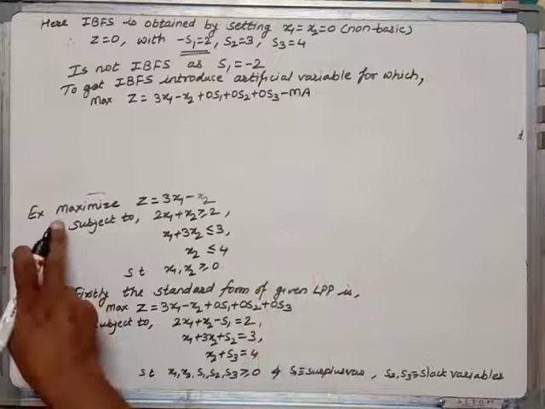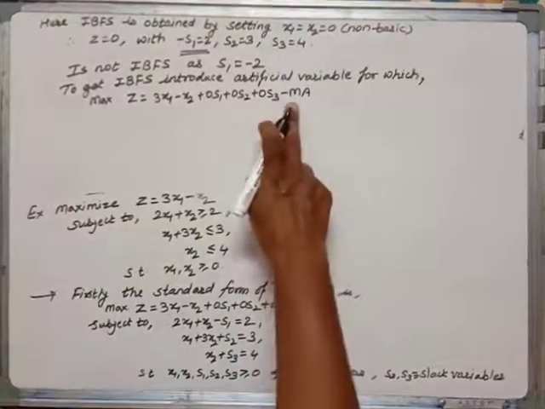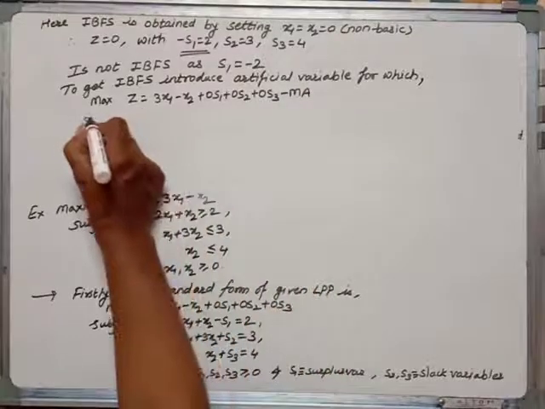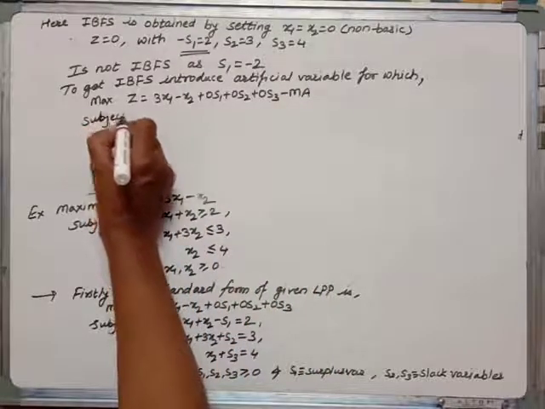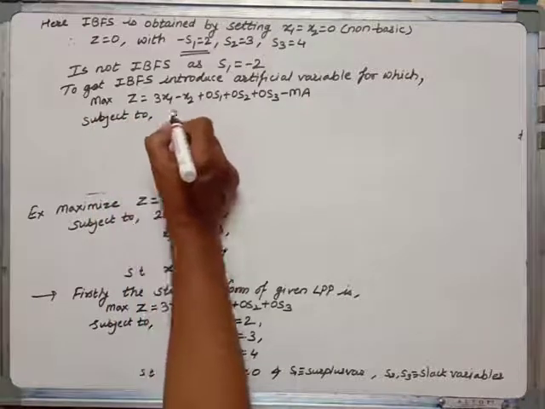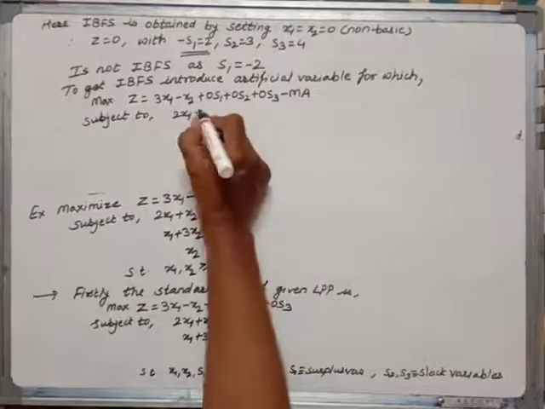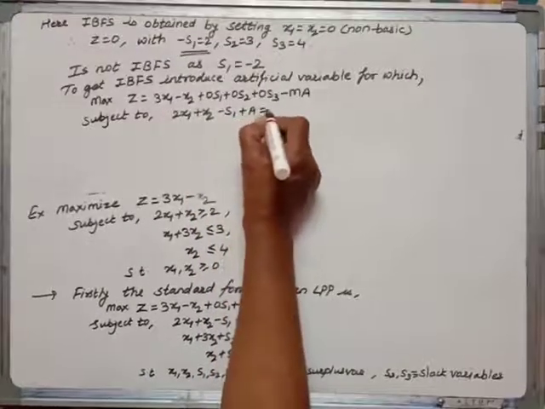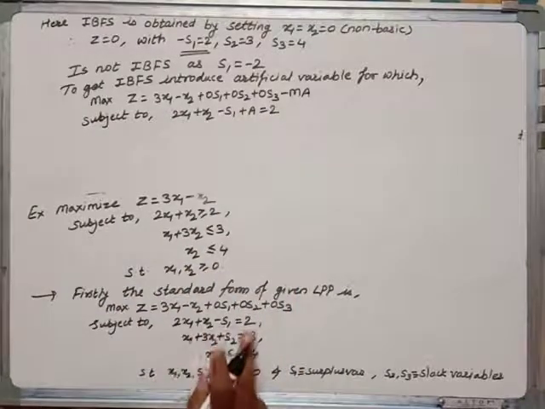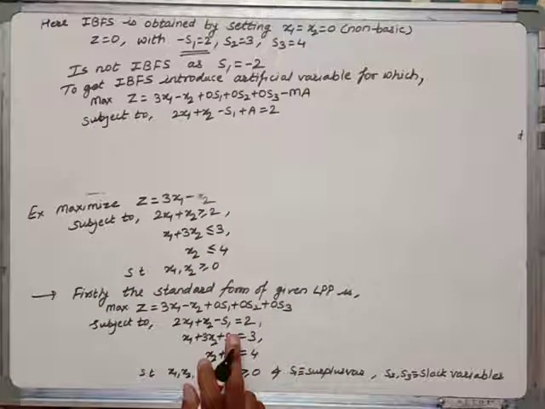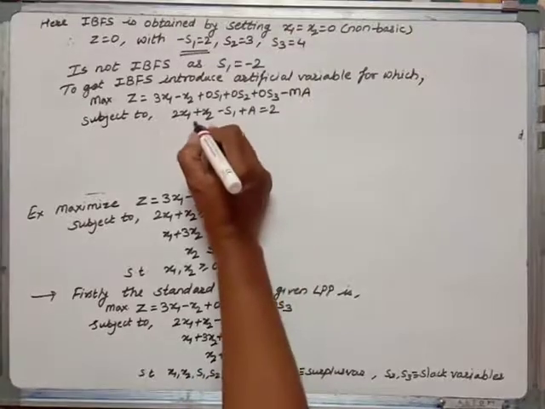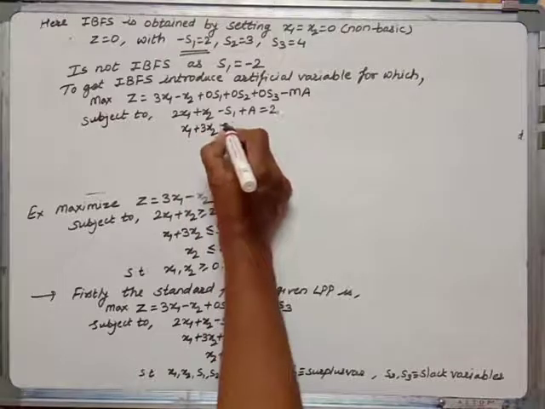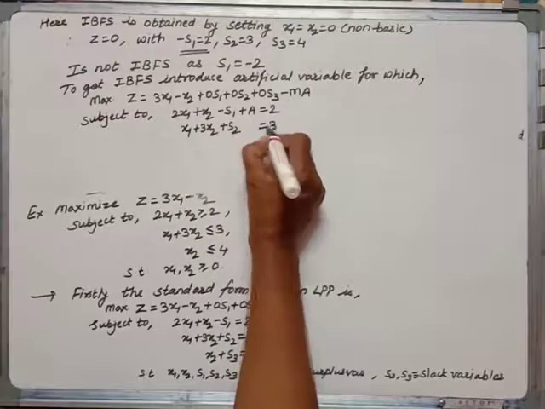Already I had taught that the objective function is maximization type, so the coefficient of the artificial variable is minus M. Subject to 2x1 plus x2 minus s1 plus A equal to 2. The first constraint will take an artificial variable, the others will be the same. x1 plus 3x2 plus s2 equal to 3.